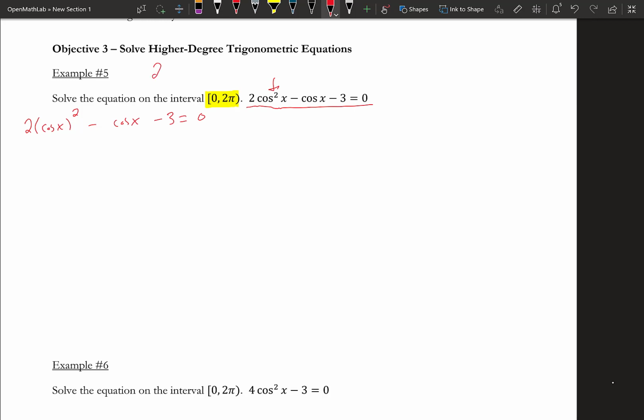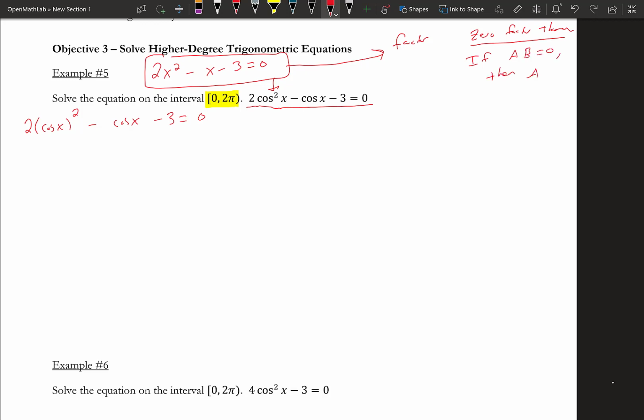Just like if I had 2x squared minus x minus 3 equals 0, from college algebra. Some ways that we can solve this is that we could try factoring and apply the zero factor theorem, which states that if a times b equals 0, then a equals 0 or b equals 0.